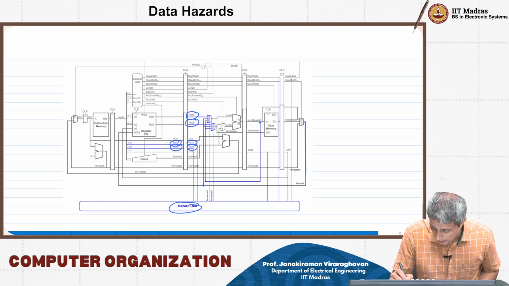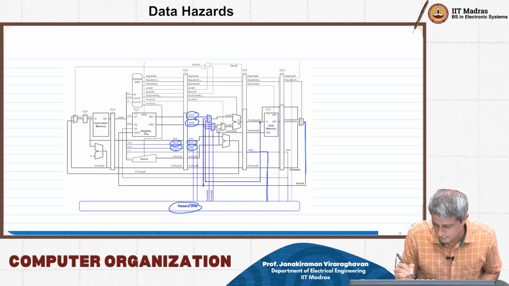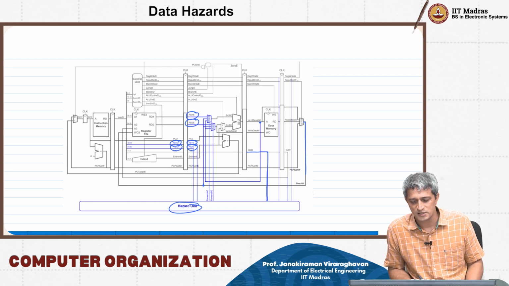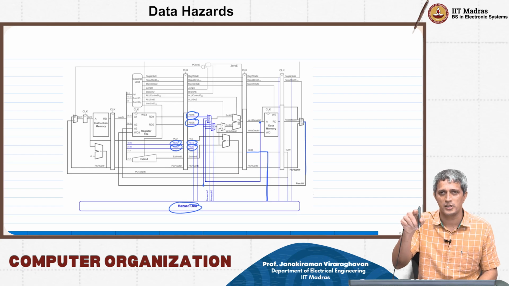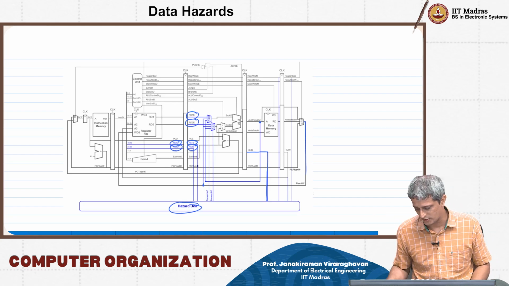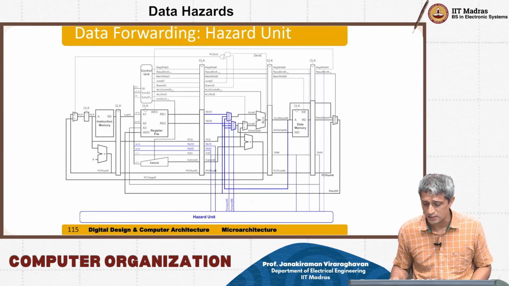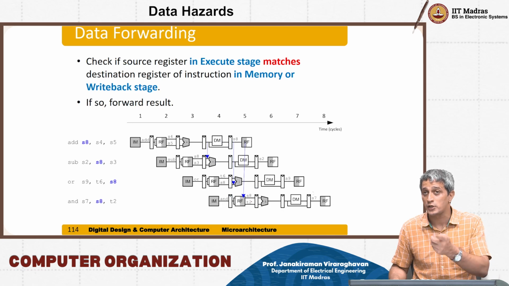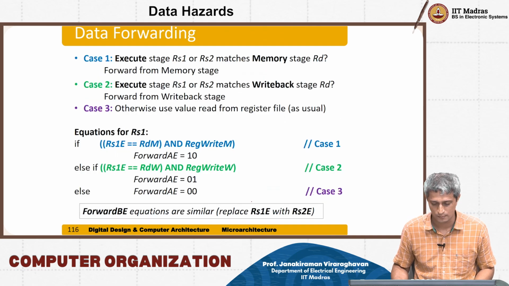Notice that the other input is coming from this destination RDM. What is this RDM? It is telling you the destination register at the data memory stage. Remember, we had to check that the source register in execute stage matches the destination register of the instruction in memory or write back stage.